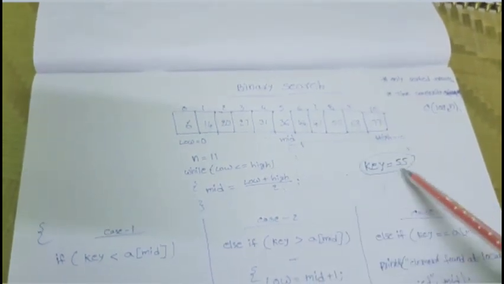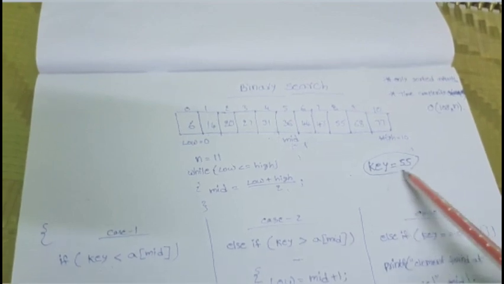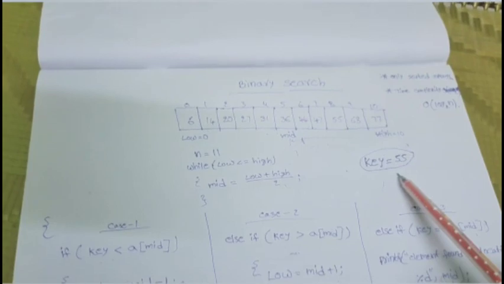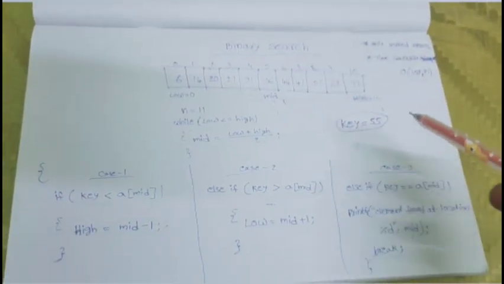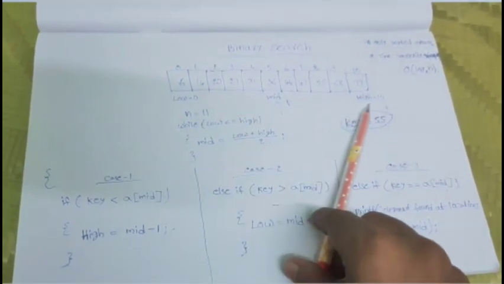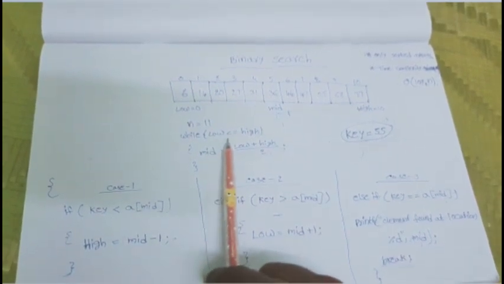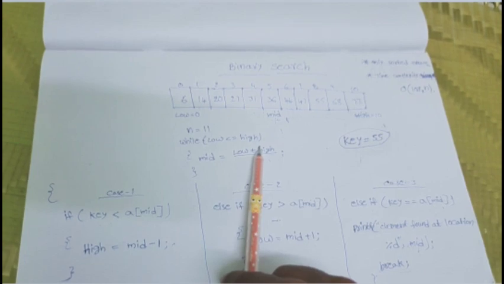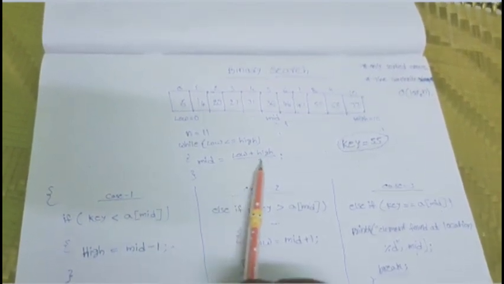Suppose I am going to search for 55. Our required key element is 55. Here low value is 0 and high value is 10. Since low is less than high, 0 is less than 10, our mid value will be (0 plus 10) by 2.